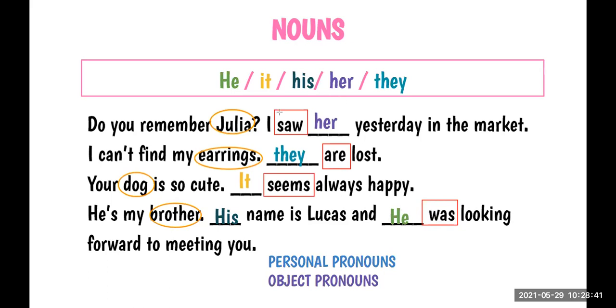So which of these are personal pronouns? What do you think? And which of them are object pronouns? These four that I just underlined. Personal pronouns, maybe it is to replace names or nouns. Possessive.